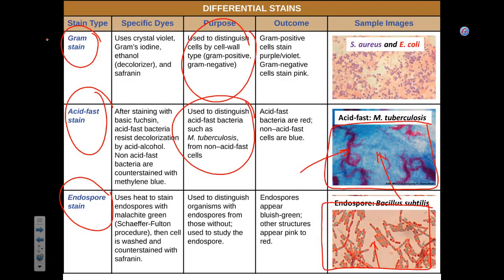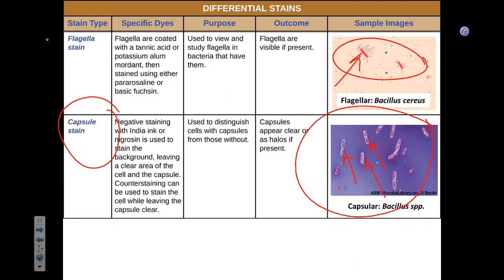There are 3 stains that I'm not going to ask you about because it doesn't make any sense, which are endospore, flagellar, and capsular. Because if I ask you, what does capsular stain stain? You tell me capsule, duh, right? The answer is in the question, so obvious. Make sense? Any questions about stains so far?